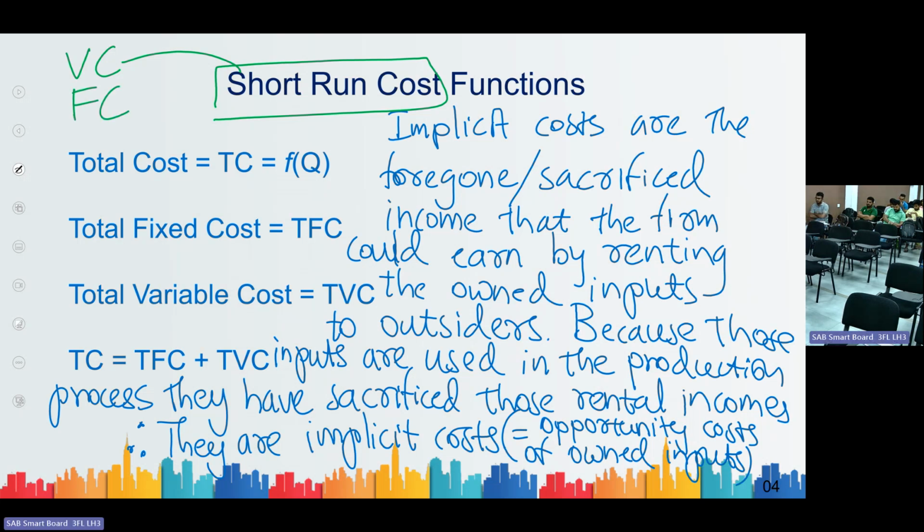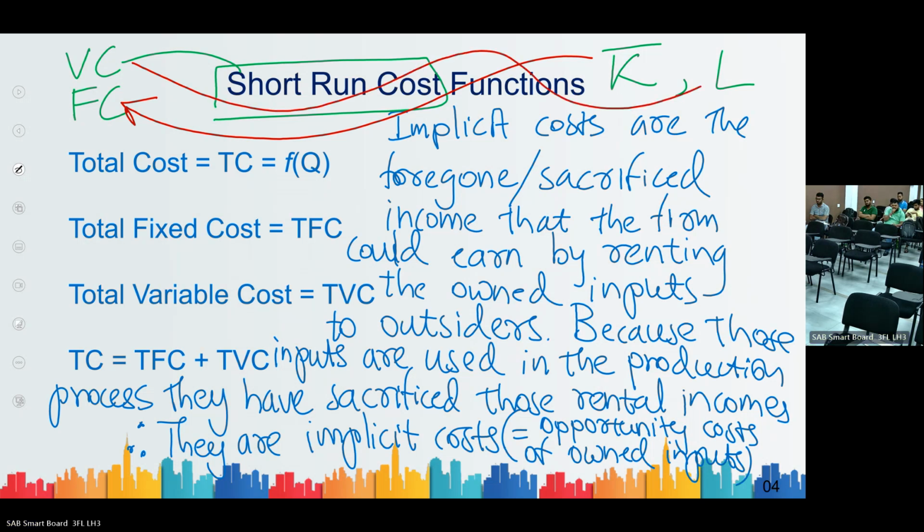Like in the production theory, here also we assume capital is fixed and labor is variable. Because of fixed capital, we incur fixed costs. Because of variable labor, the firm incurs variable costs.